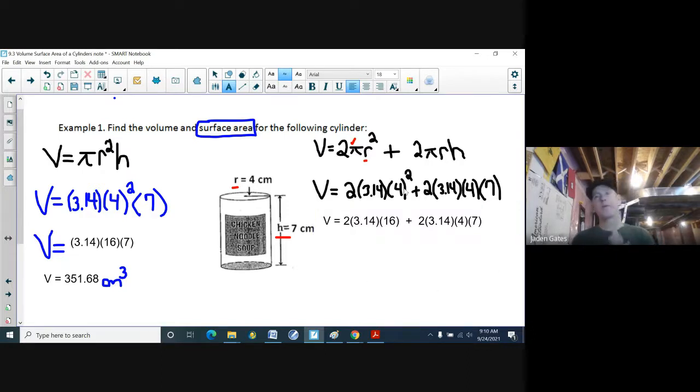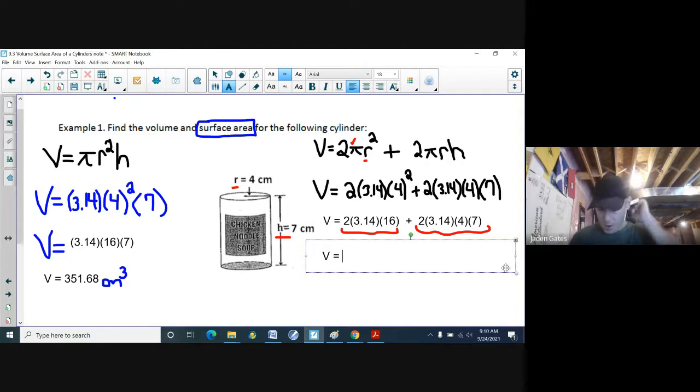So next in BEDMAS is either division or multiplication. We definitely got multiplying. We got it twice. We got these 3 numbers to multiply, and then they're separated here, and then I got 4 numbers to multiply. So that's why this formula is a little bit tougher. It's got more parts to it. All right, so I'm going to do the first part here. We got 2 times 3.14 times 16, and I get 100.48.